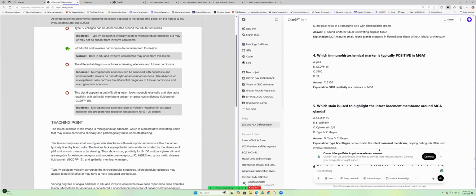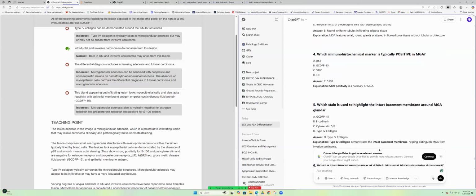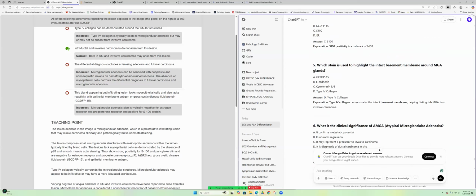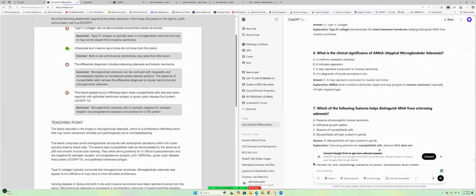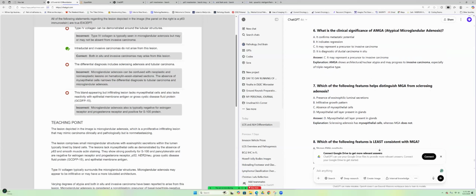Which immunohistochemical marker is typically positive in MGA? S100. Which stain is used to highlight the intact basement membrane around MGA? Type IV collagen. What is the clinical significance of atypical microglandular adenosis? Precursor to cancer.